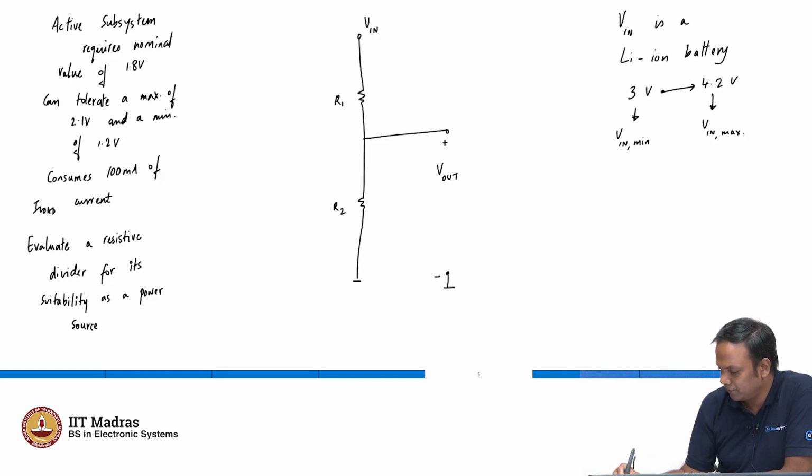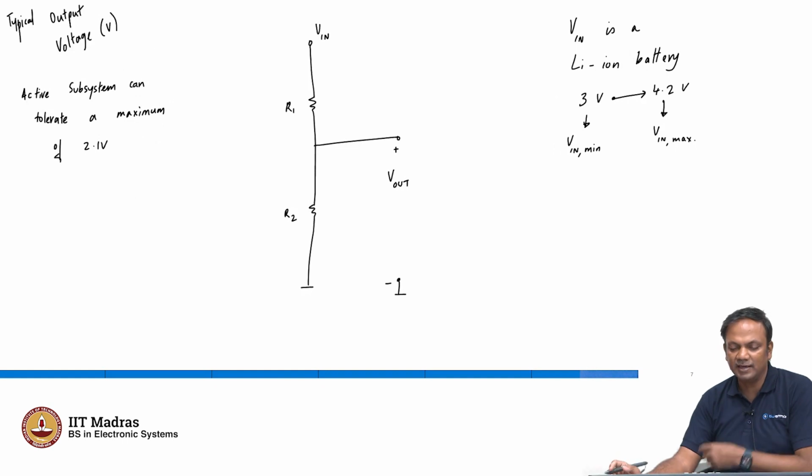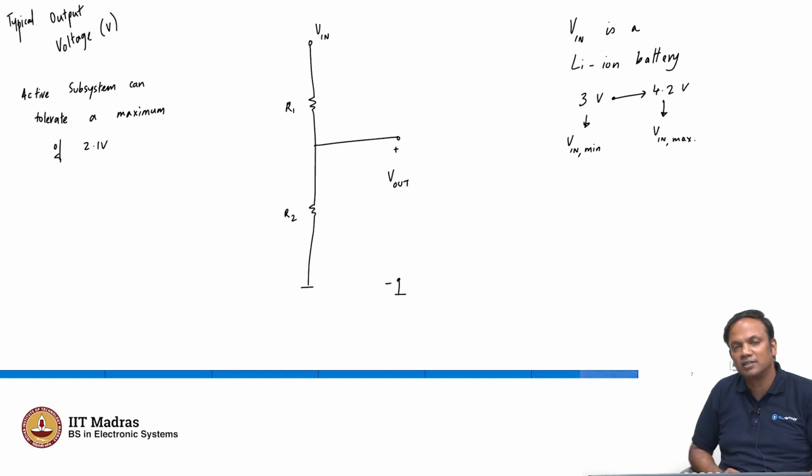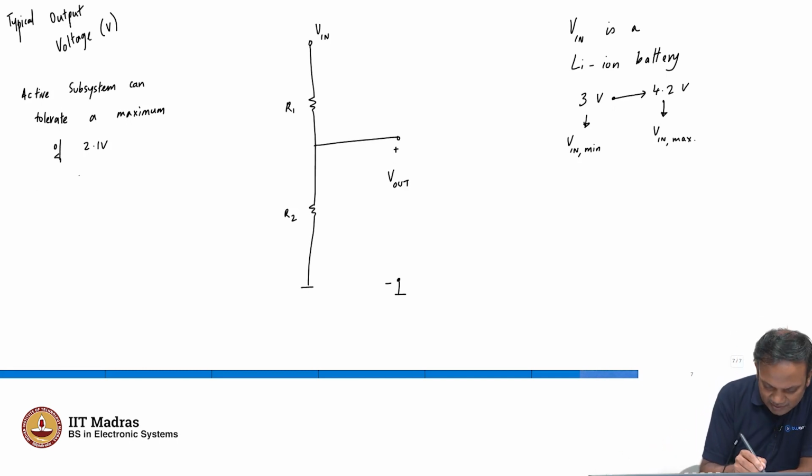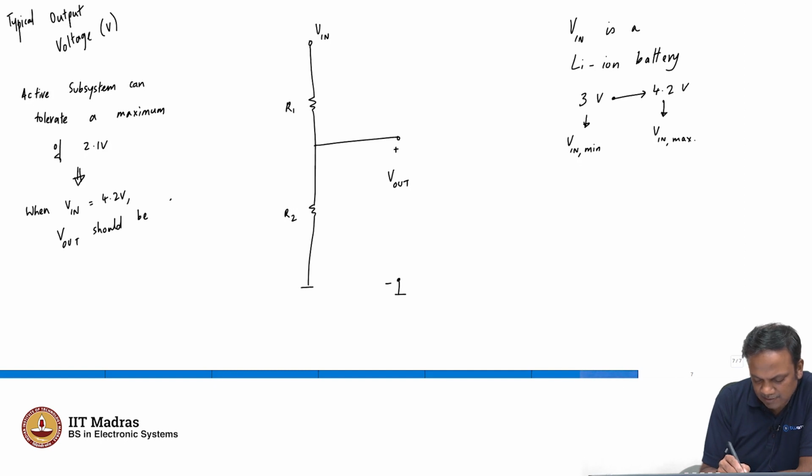So, what we have to do is say that when the input voltage is 4.2, the output should be 2.1. This essentially means that when V in equals 4.2 volt, V out should be less than or equal to 2.1 volt. We have to now choose it. To maximize, we will let it be equal to 2.1.